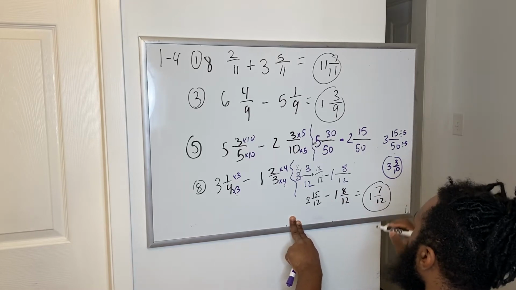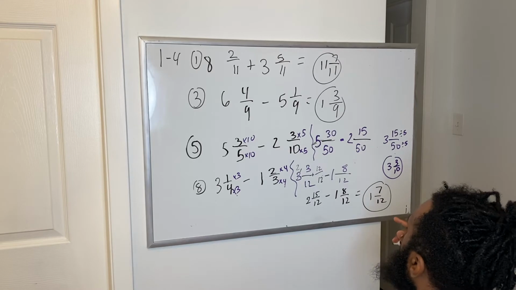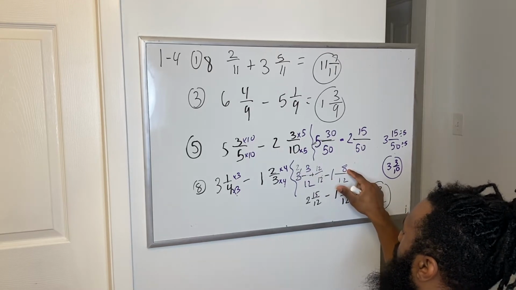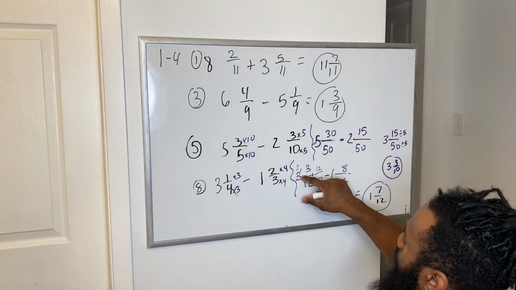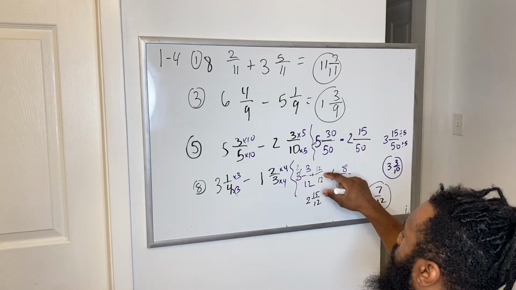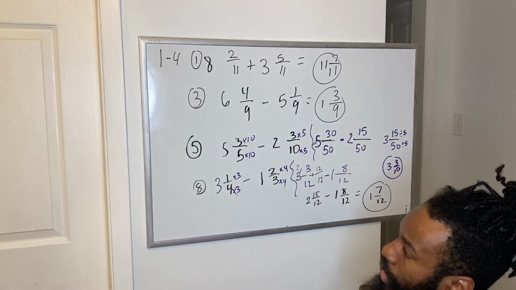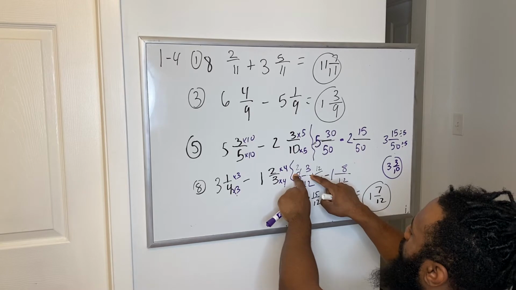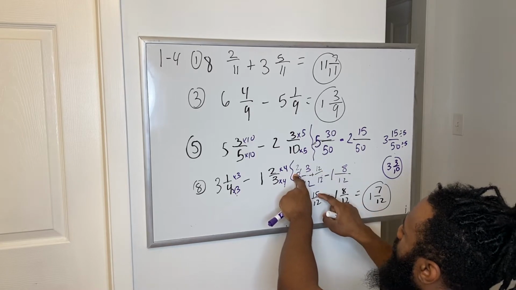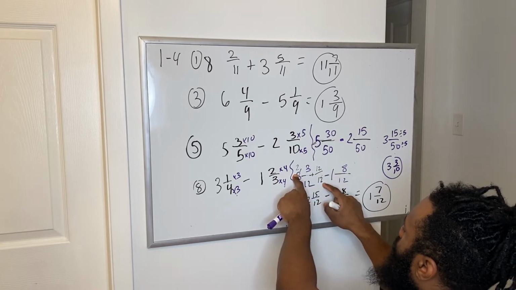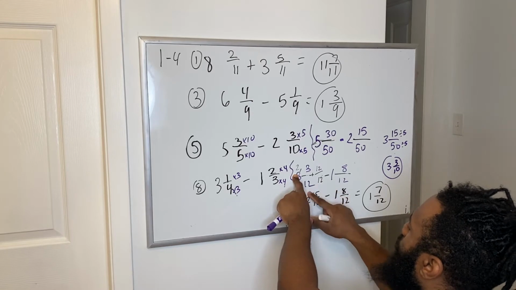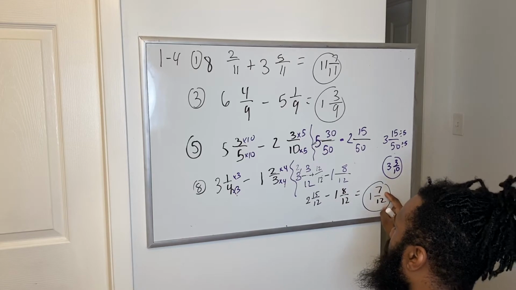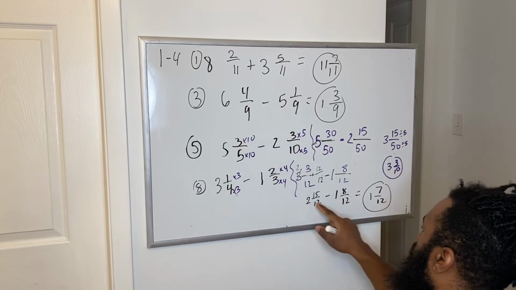Now, what I did here is, because I can't subtract 3 minus 8, I took away a 1, right? A 1 is 12 over 12. 12 divided by 12 is 1. Because I borrowed this 1, I took this 1 away and added it to my fraction. 3 plus 12 is 15, and you keep the denominator when you add fractions. So now that I have 15 over 12, I can subtract 15 minus 8 and get 7. The denominator stays the same, and 2 minus 1 is 1.